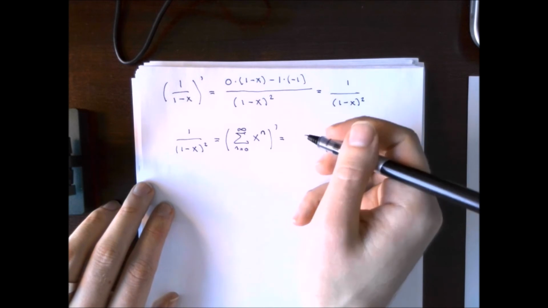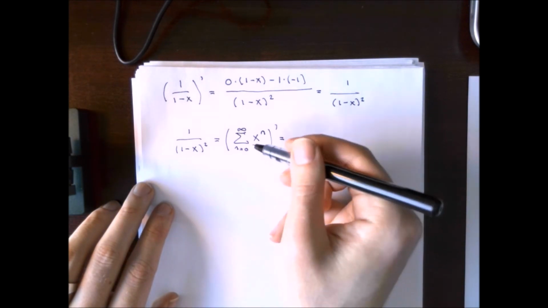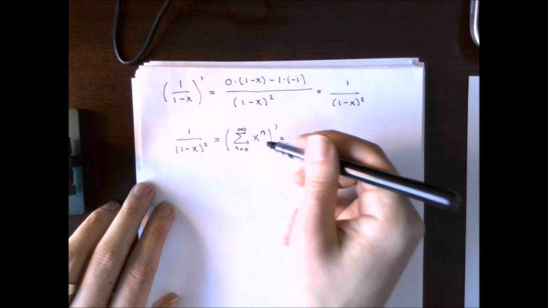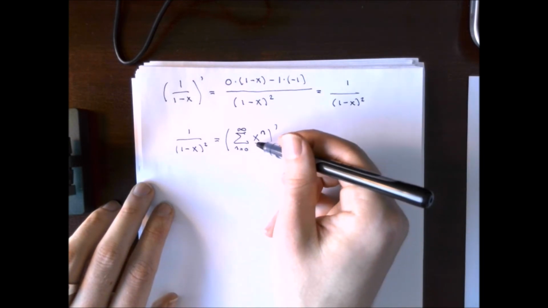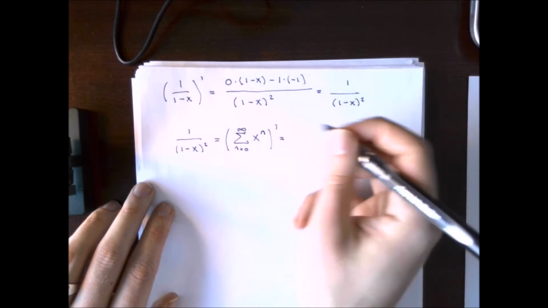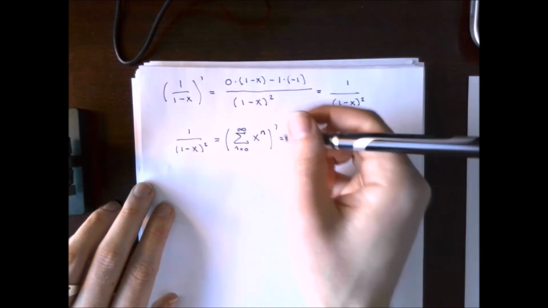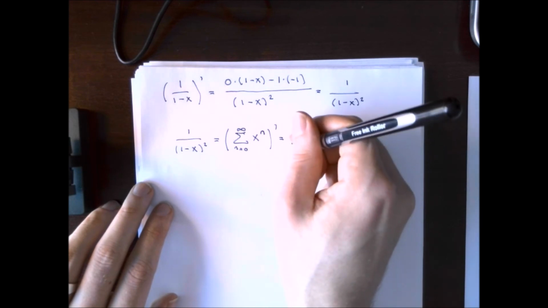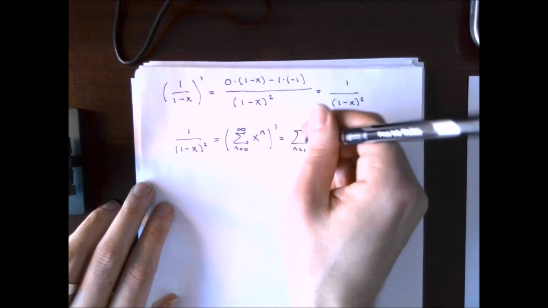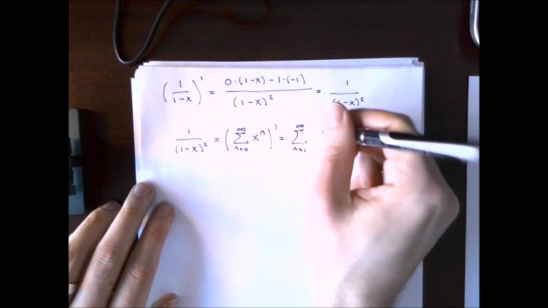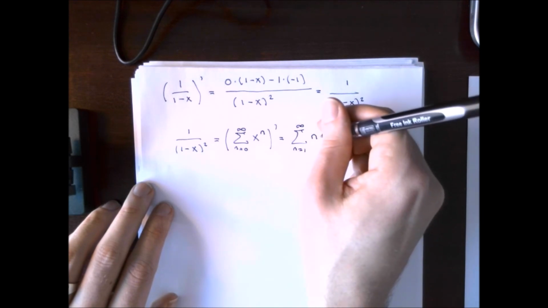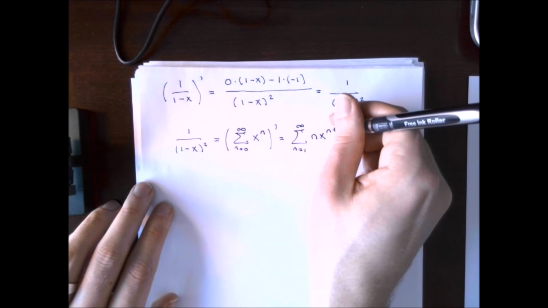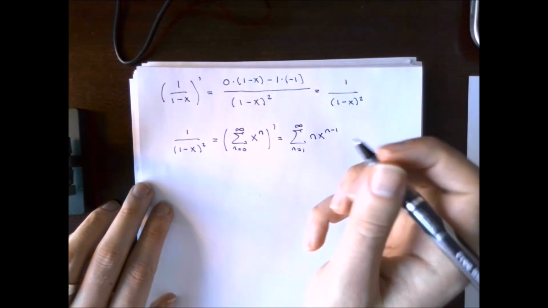And we know that for differentiation we can do the differentiation for each term separately, and that the derivative of x to the n is n times x to the n minus 1. I'm going to end up with the sum of n going from 1 to infinity n times x to the n minus 1.